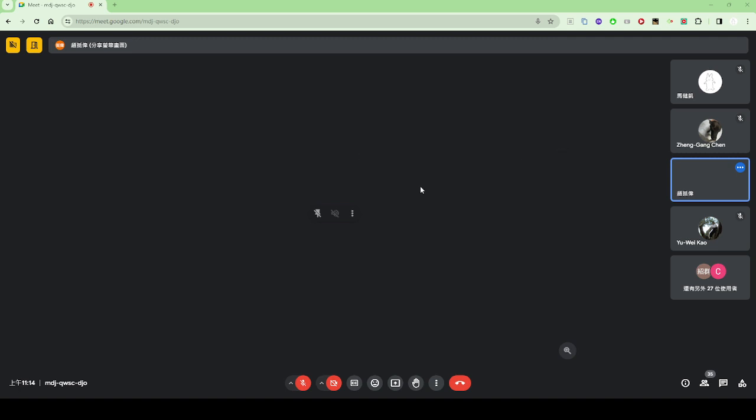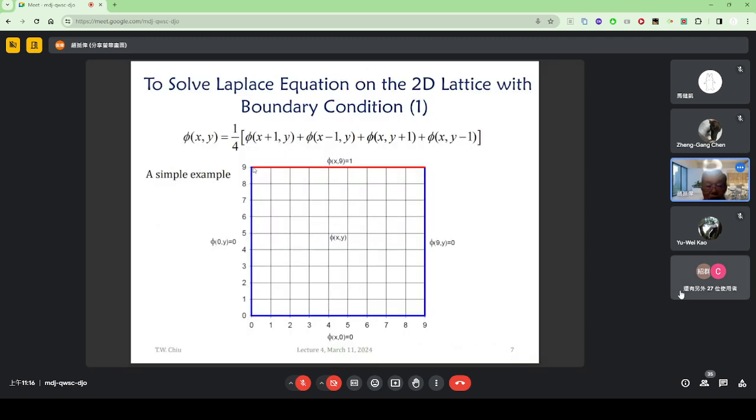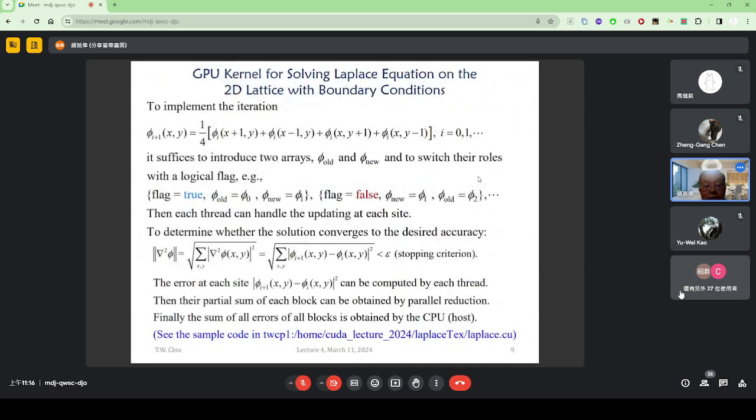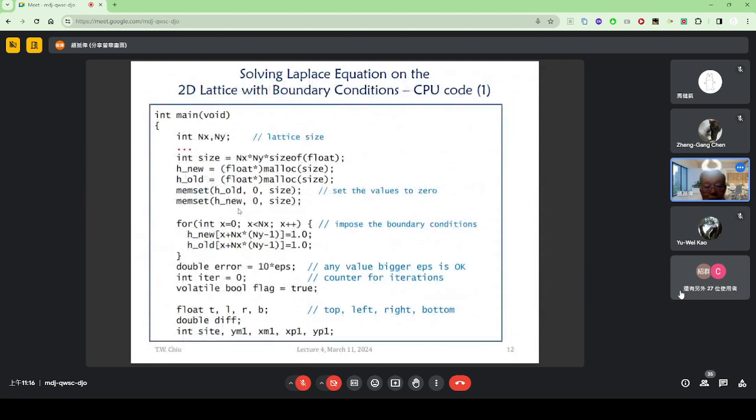Initially I set all the field on each side to be 0, and then I set all the field here to be 1. Since I am using two arrays, phi new and phi old, I have to do the same for both arrays.